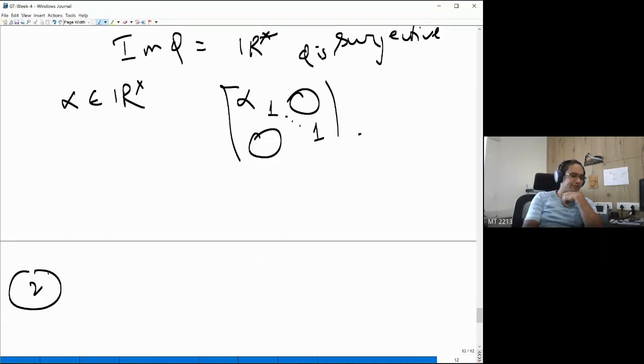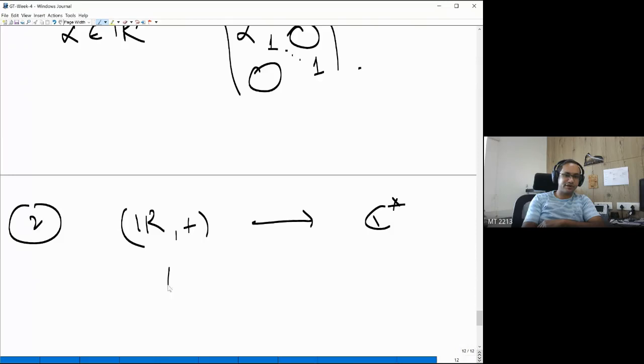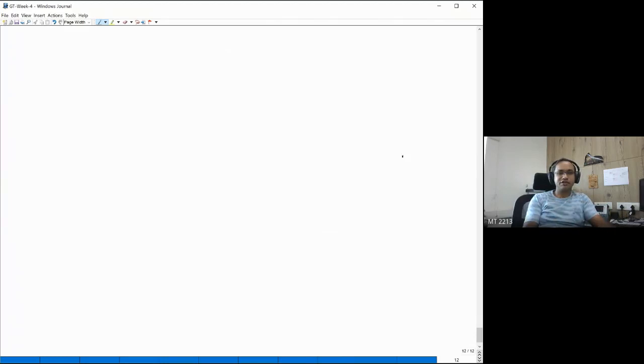Okay, some more examples. If I look at the real numbers with addition, and I want to define a map to the complex numbers with multiplication, this is just the exponential map. So any t goes to e to the power 2 pi i t, right? First of all, it's a group homomorphism.